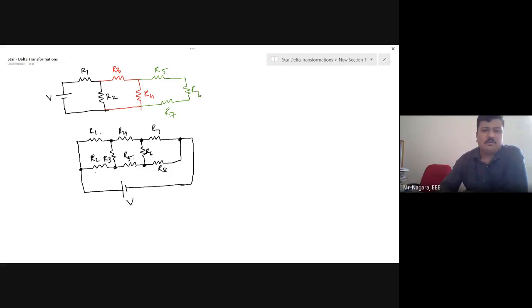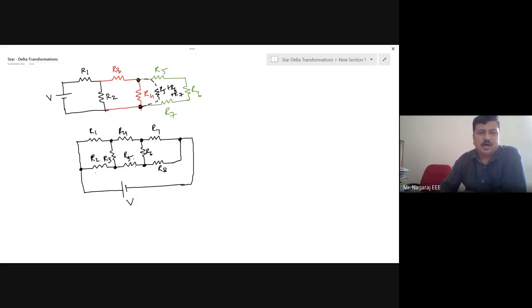Yes, I can't take R1 parallel R2 because they are not exactly in parallel, like this R5 plus R6 plus R7 in parallel with R4. Now the effective value of this is R5 plus R6 plus R7. Now R5 plus R6 plus R7 are connected exactly across the same nodes, so they are parallel.